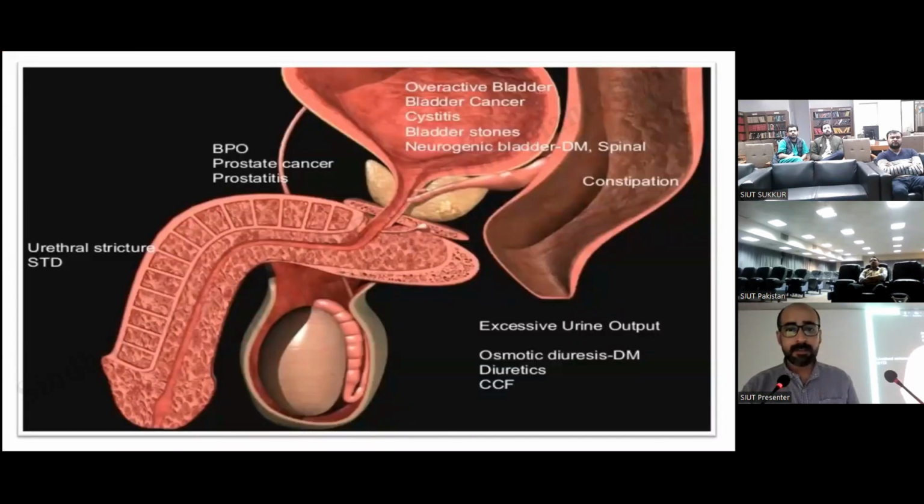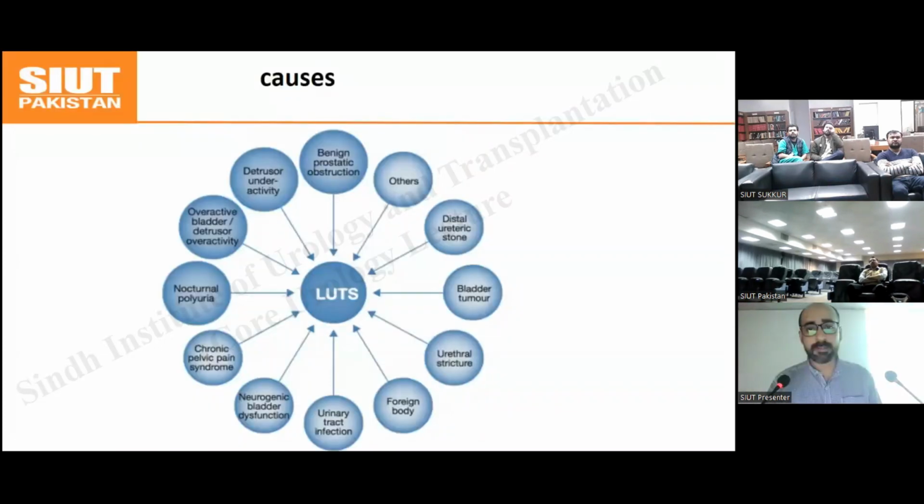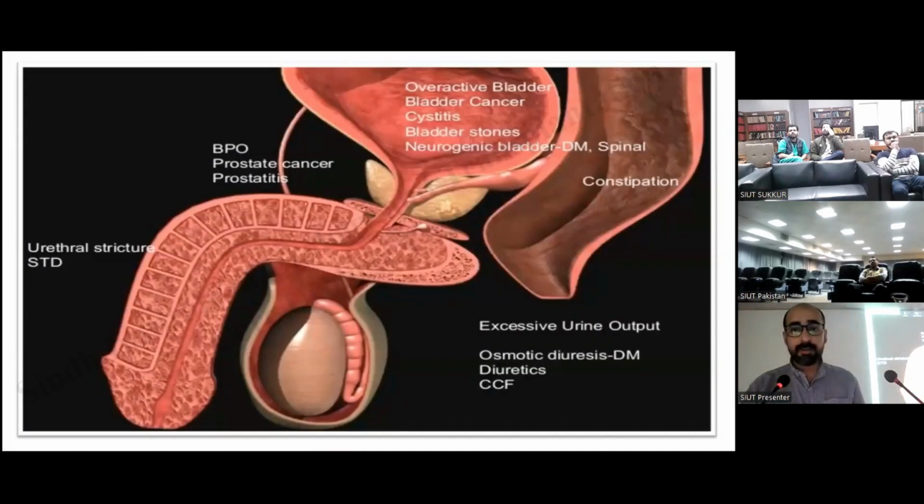These are the factors which cause lower urinary tract symptoms: bladder cancer, neurogenic bladder, cystitis, bladder stones, prostate enlargement, benign prostatic hyperplasia, prostate cancer, prostatitis, urethral strictures, constipation.